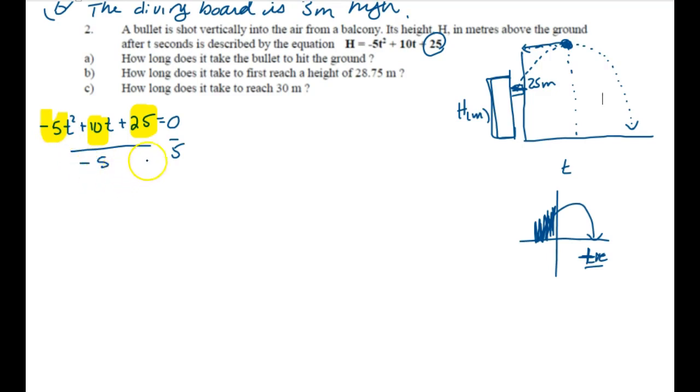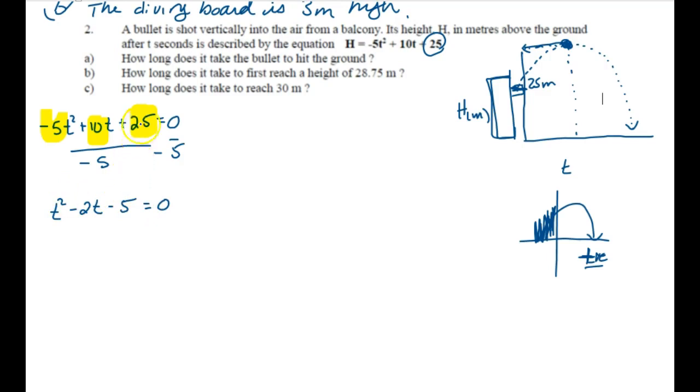I'm going to end up dividing by negative 5. Because I'd like for this t squared to be positive. So negative 5 divided by negative 5 is a positive t squared. If I left it just as 5, I'd get a negative, and I don't want to mess with negatives. 10 divided by negative 5 is negative 2. 25 divided by negative 5 is negative 5. 0 divided by negative 5 is still 0.